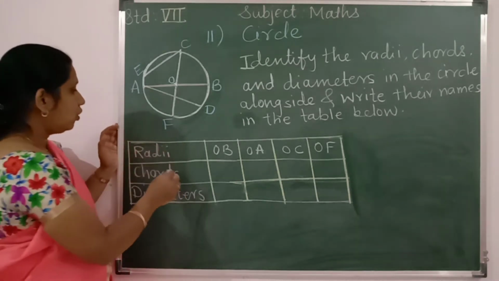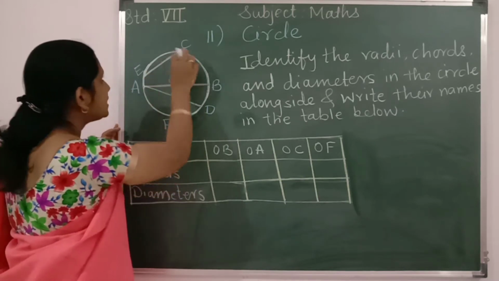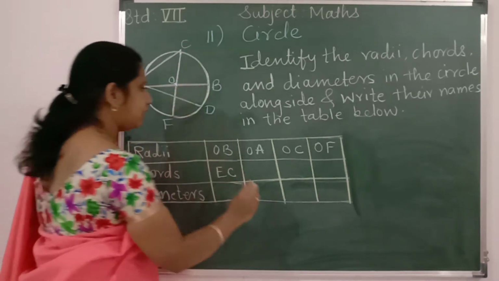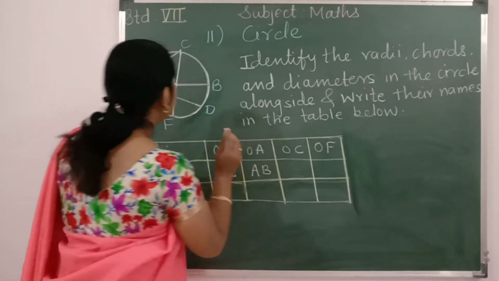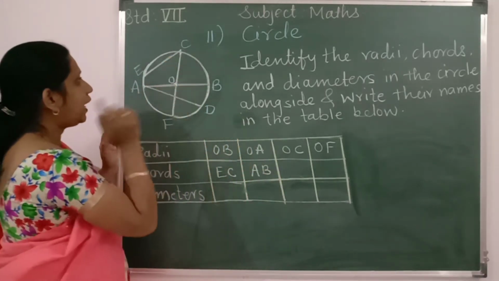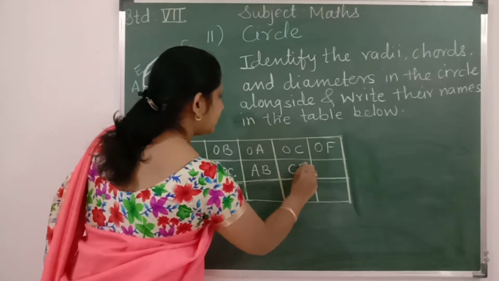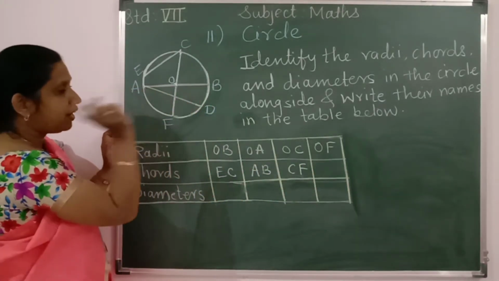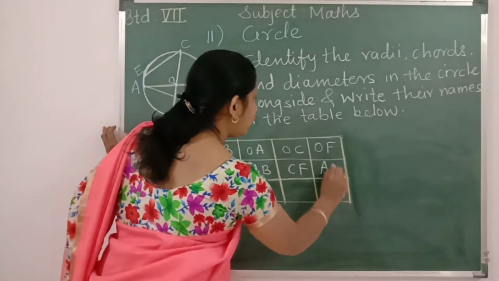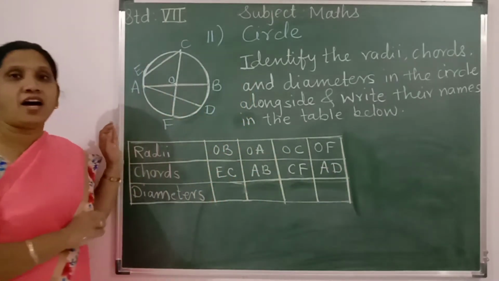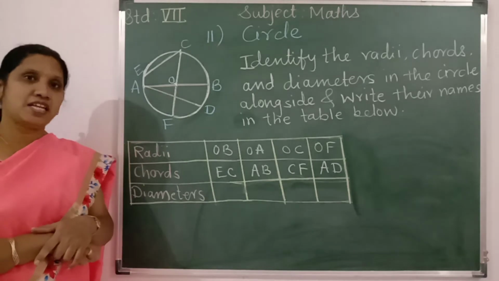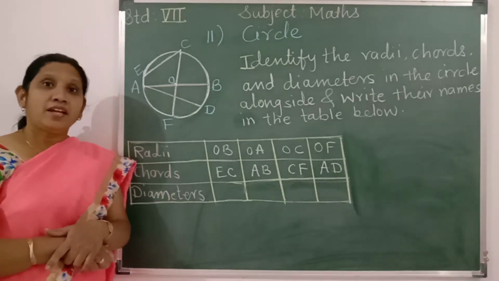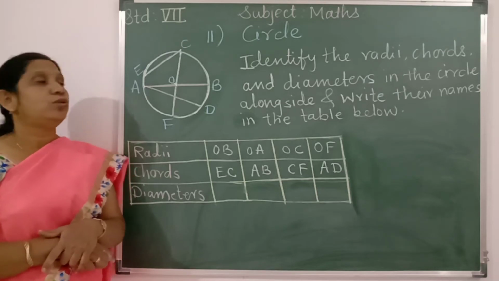Alright? So, chord EC. Then chord AB, then chord CF. Also, we can consider chord AD. So, these four chords are there in this given circle. Now, diameters. Children, you must know this.